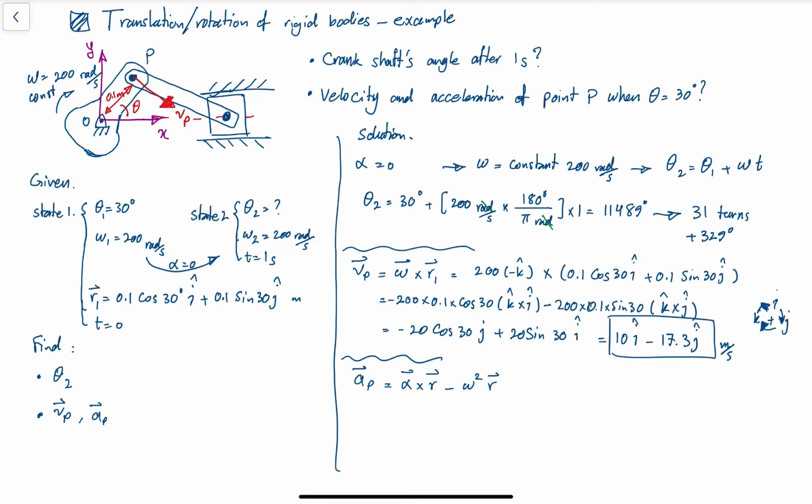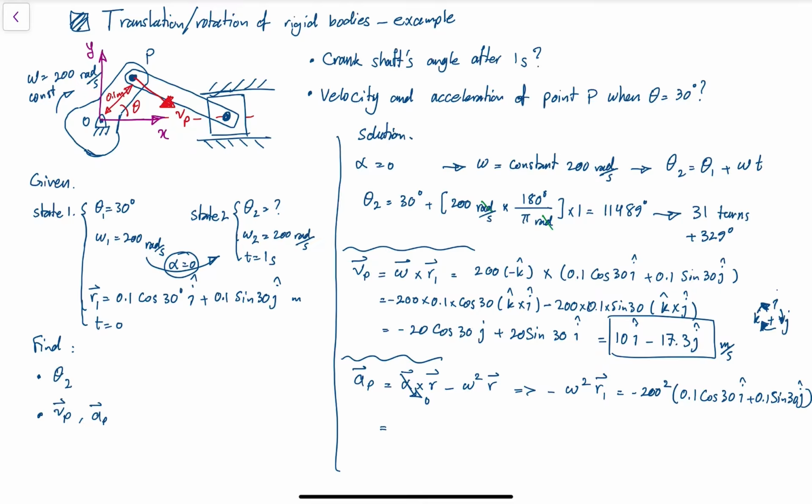I know alpha is 0 here, so this one disappears. All I have is minus omega squared R, which is R1, and that is minus 200 squared, and my R was 0.1 cosine 30 i plus 0.1 sine 30 j.